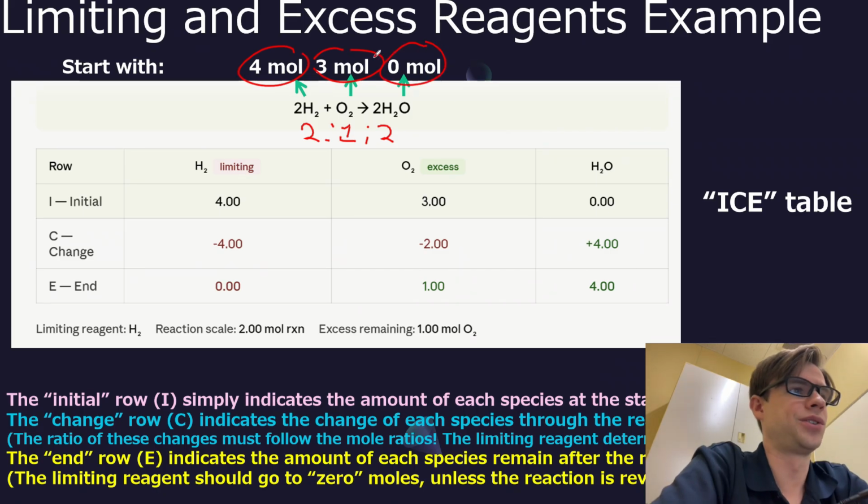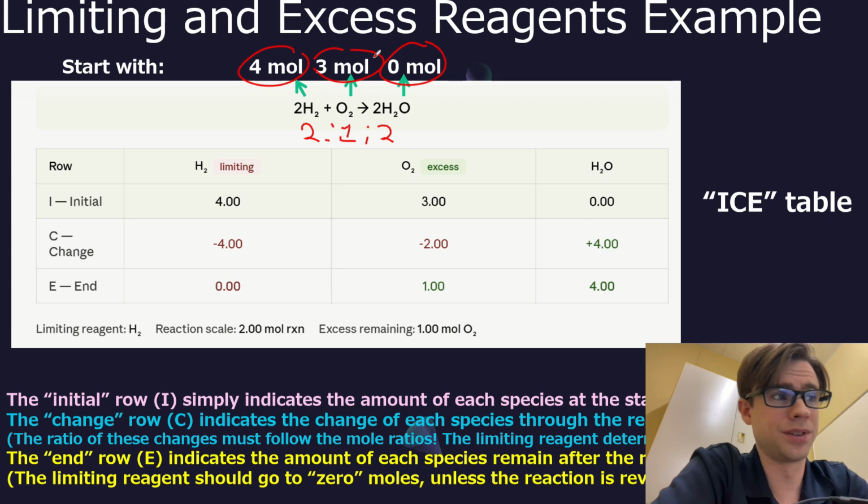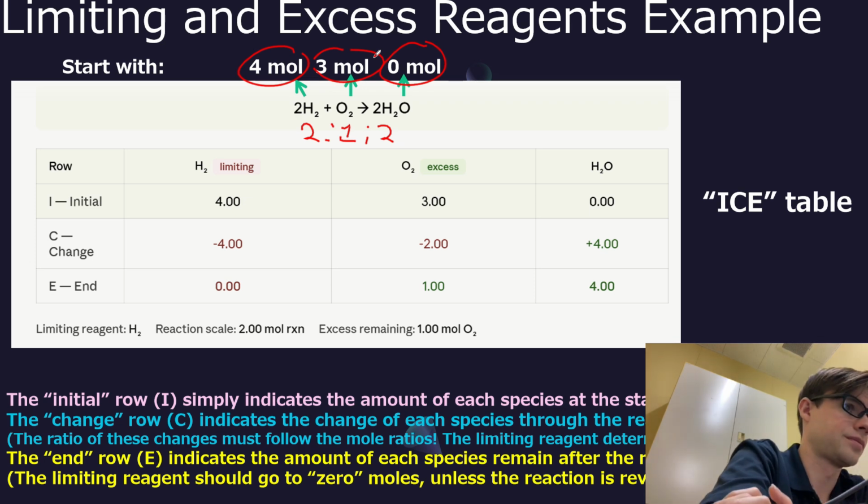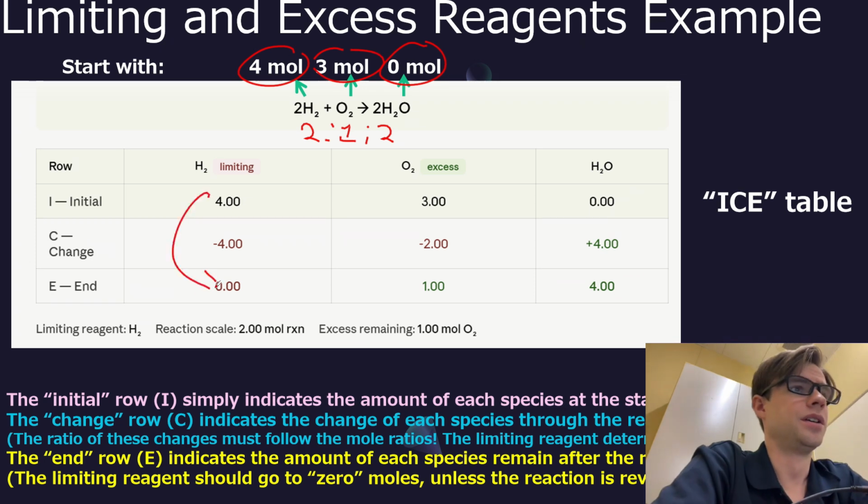Then we're going to let this go. And at the end point, the limiting reagent will disappear, goes to 0. That should be true, right? And H2 is limiting here. It requires only half as much O2. That's a 2 to 1 ratio.